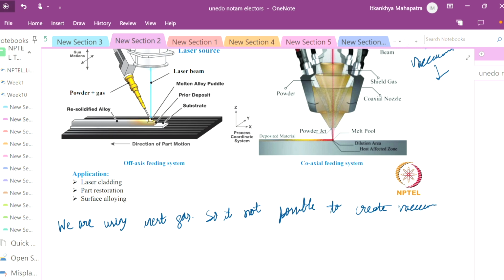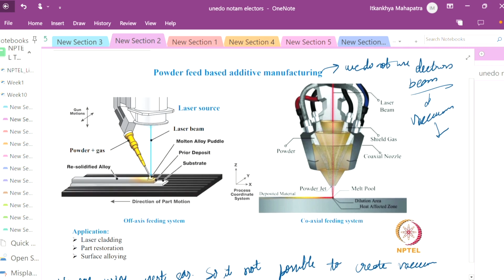As you can see, we have two different methods by which we can feed the powder particles: off-axis feeding system and coaxial feeding system. Here it is not coaxially aligned with the laser beam; we have a separate feeding system. In this feeding system, powder plus gas is coming.